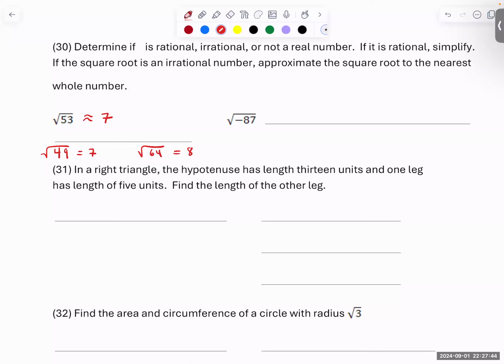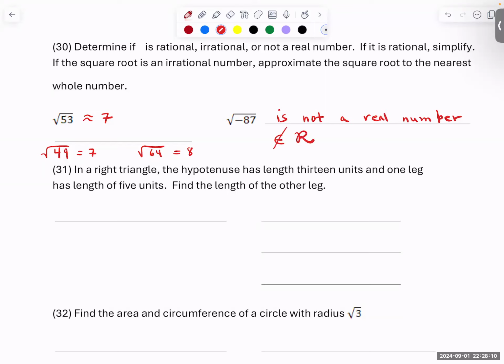So every time we have the principal square root of a negative number, the answer is not a real number. And we can use symbols to express this. Is not an element of the set of real numbers.